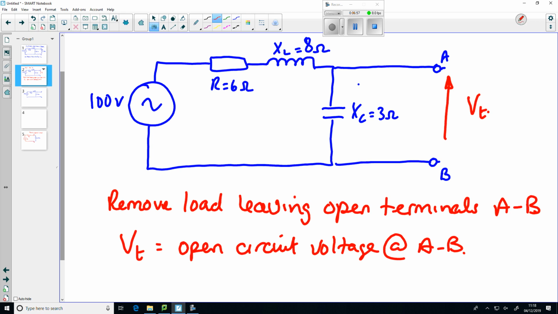What voltage would that be equivalent to? Where's current flowing? In that circuit as it stands, where have we got current flowing?